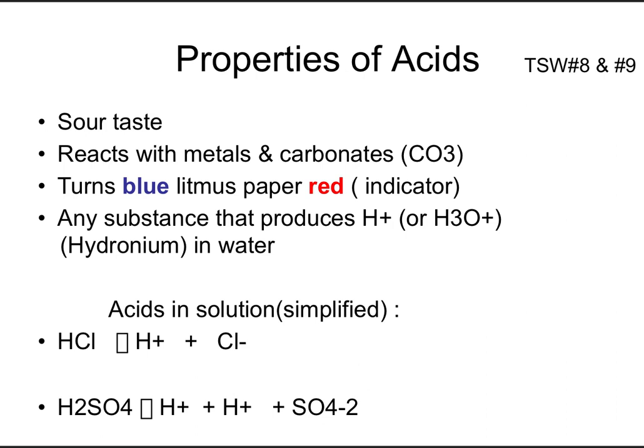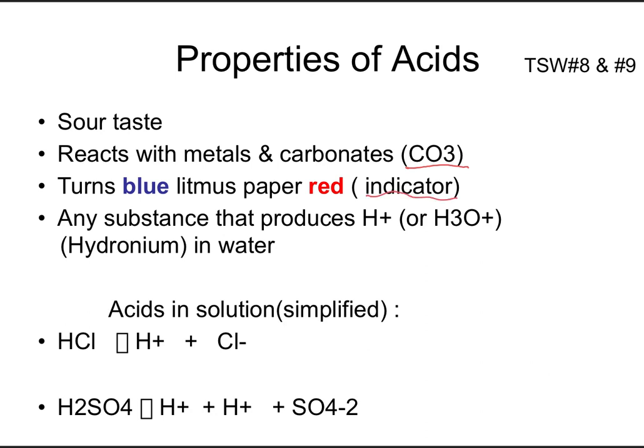So to clarify, properties of acids. Acids are types of chemicals that technically have a sour taste, such as a lemon. They react with metals and carbonates, which, as you guys remember, is CO3. Litmus paper is a type of indicator.